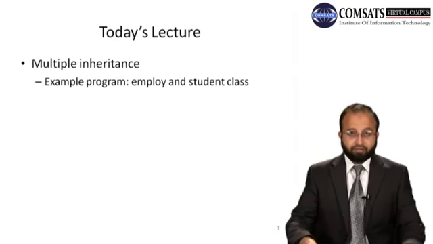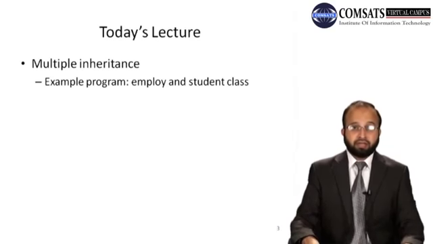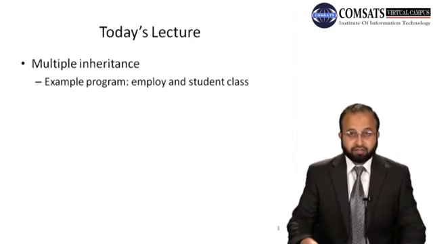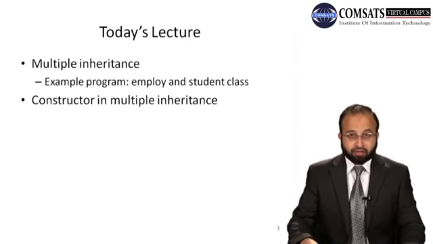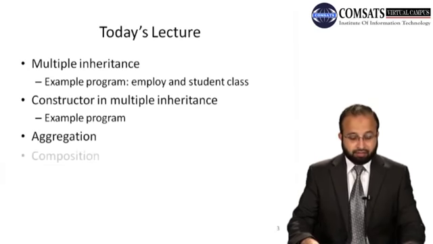Now we will see how we can use the student class with the employee class, and how the manager, scientist and laborer classes can be derived from these two classes. That is actually multiple inheritance. Then we'll see the role of the constructor in multiple inheritance, and we'll see an example program for that as well. Then we'll see what the aggregation and composition concepts are, and how we can represent these concepts in C++.